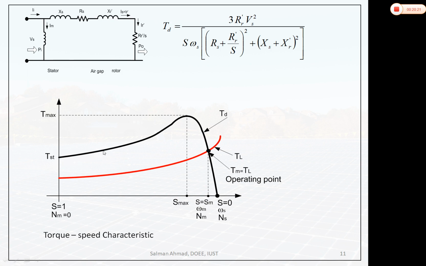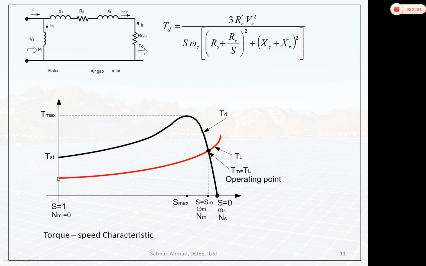It will increase, then go to the maximum value of the torque, then decrease, and when the slip becomes 0, that is motor speed equal to synchronous speed, at that time torque will become 0. Here this is the maximum torque value at some slip value. The position of this S max is dependent upon the rotor resistance, but the maximum torque value is not dependent upon the rotor resistance. That you already know from the machine courses.